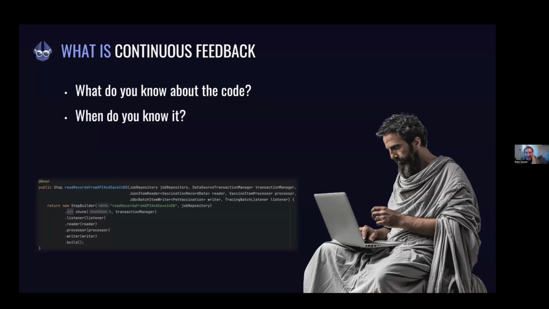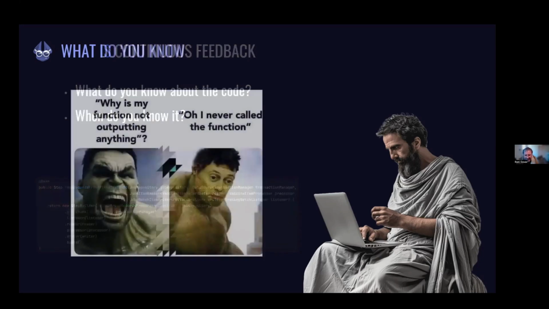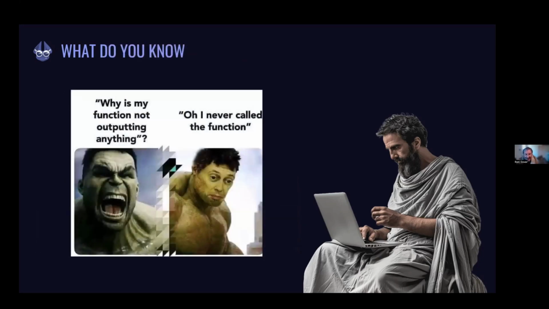So going back to the original question about what do I know about the code, the very basic thing we should ask is, do I even know that my code is running? It sounds very trivial, but when I went to that developer and I asked them, hey, why didn't you check that your code is actually running in production and people are using it, or I'm not even talking about even more important questions like, did it work?